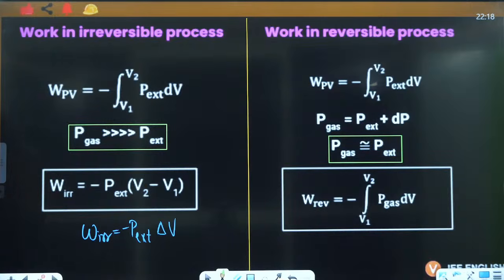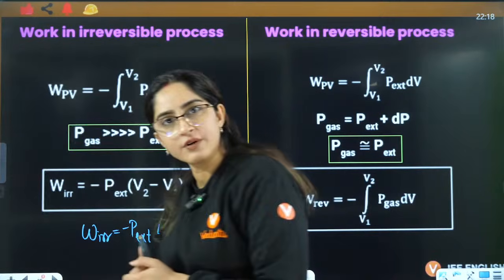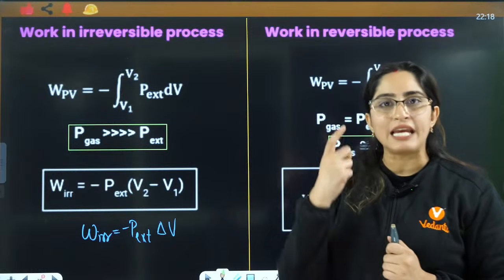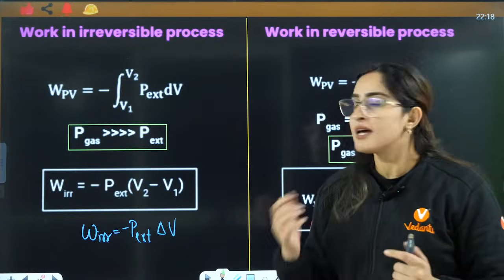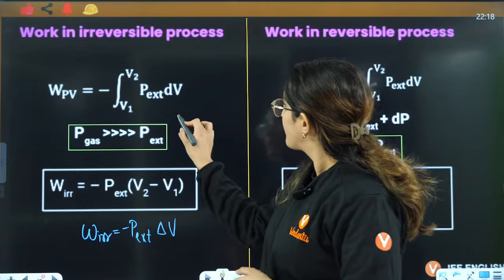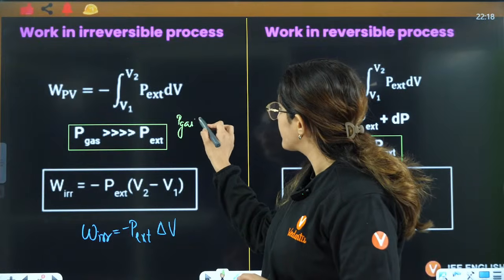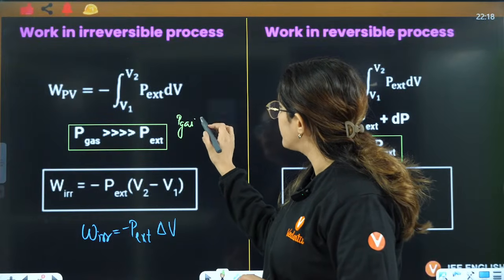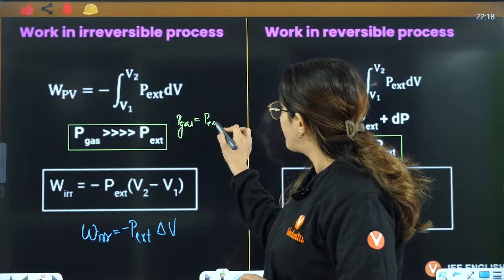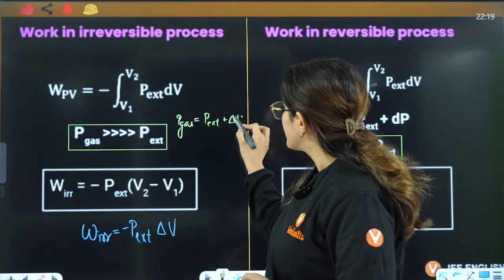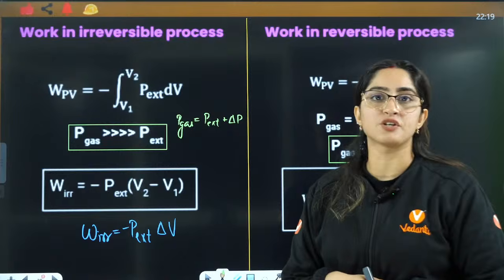Tell me guys if that thing is clear. In case of irreversible, the change is very large, that's why P of gas is equal to P external plus delta P. That is a big change in pressure, right?